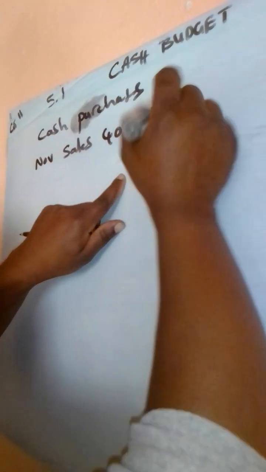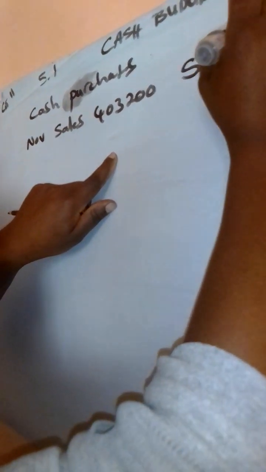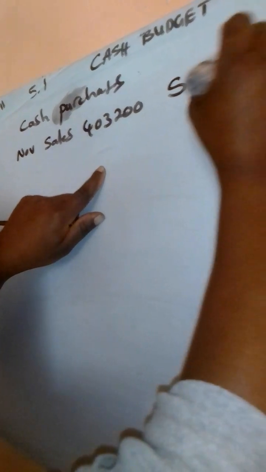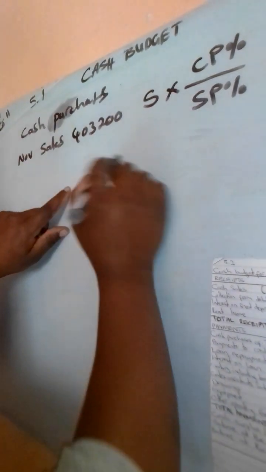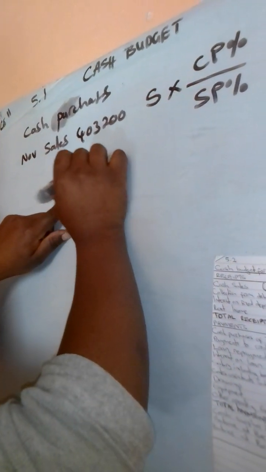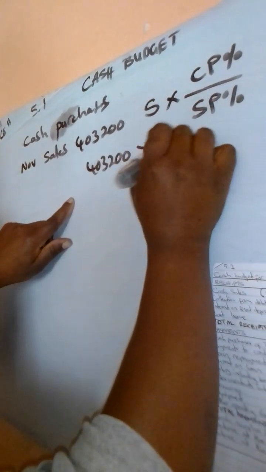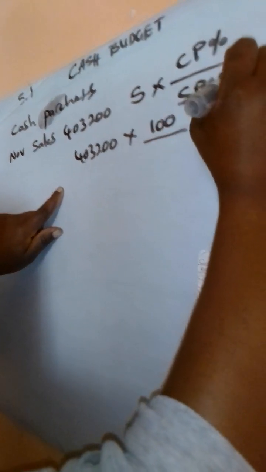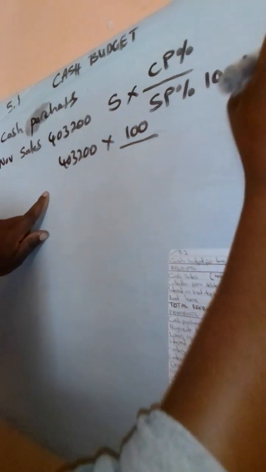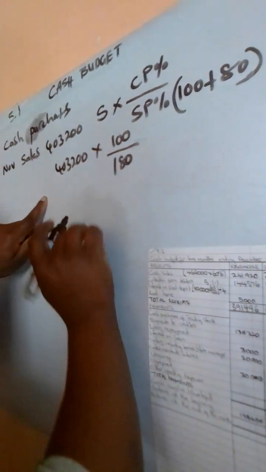The formula you use when you want to calculate this: the sales multiplied by the cost price percentage over the selling price percentage. The sales are already given at 403,200, multiplied by the cost price percentage, which is always 100, over the selling price percentage, which is 100 plus 80, so it's over 180.